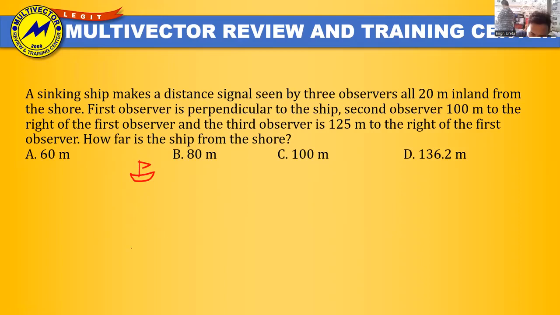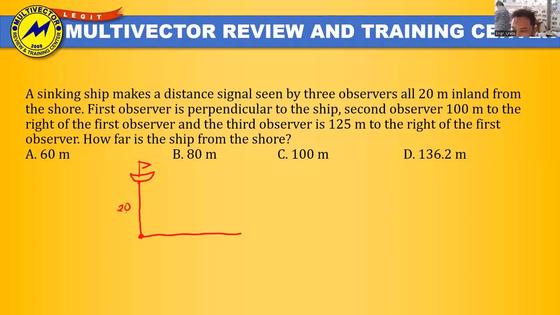Sabihin na lang natin ito yung ating shore, so water pa to. From the first observer, distance daw from the sinking ship up to the first observer is 20. The first observer is perpendicular to the ship.